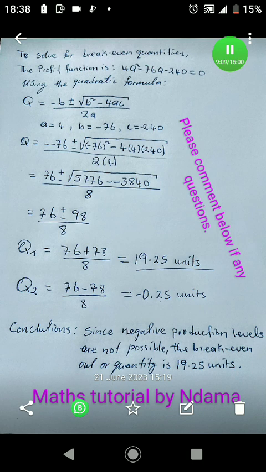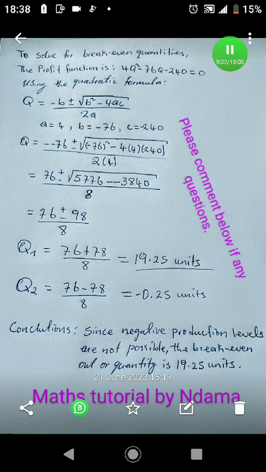Break even. Okay, so to calculate break even, since we already have our profit function that gives us a quadratic equation, we can use any method to solve the quadratic equation, but to solve by the formula method, this is how it's going to look.